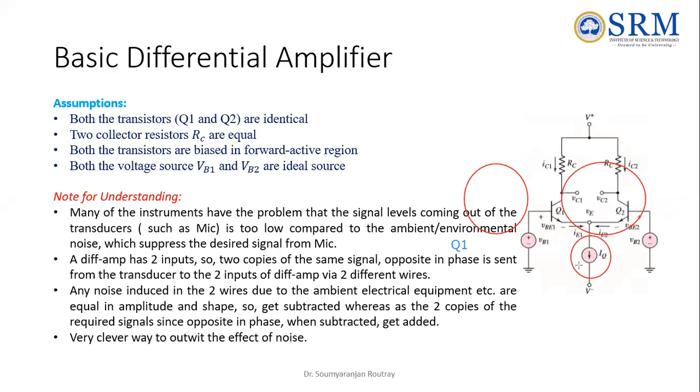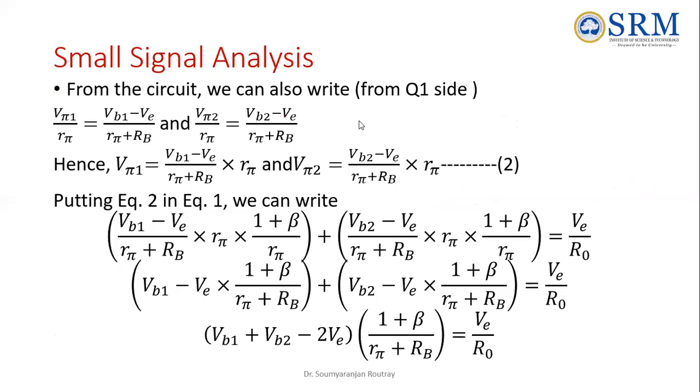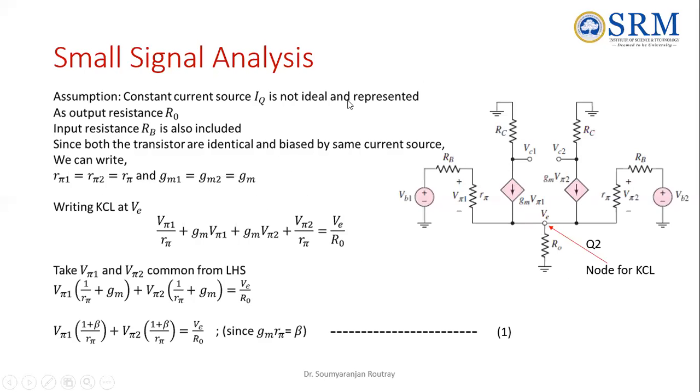Not ideal means some resistance is there. Next, on this slide, that resistance is mentioned here by R naught.